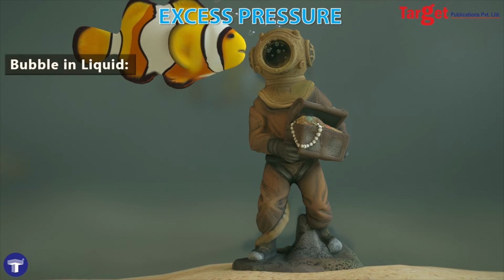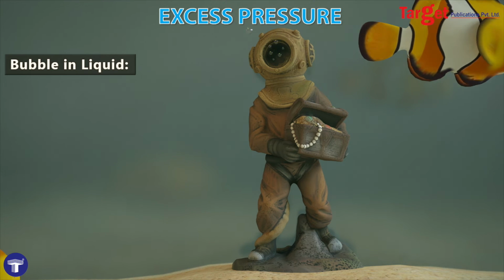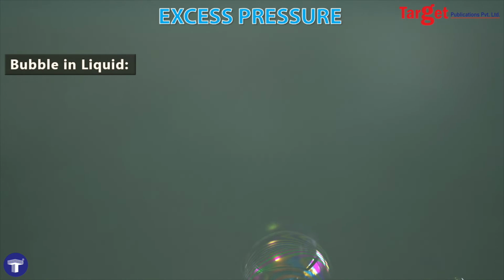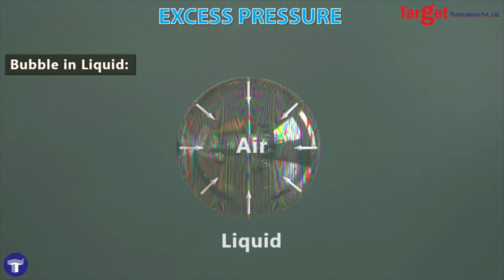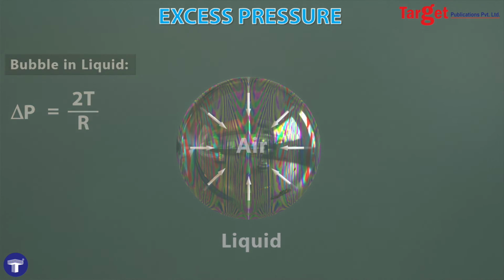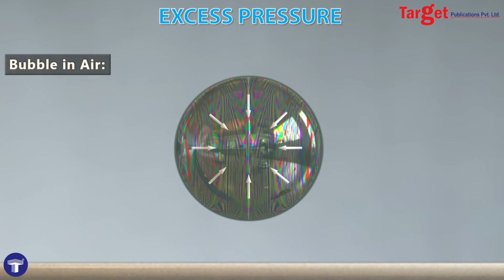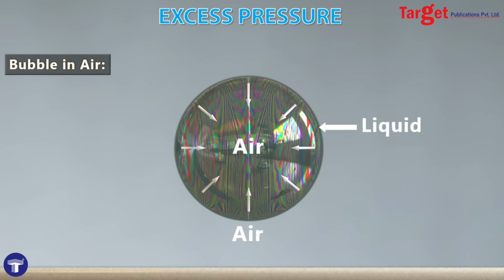In case of a bubble in a liquid, there exists only one free surface because the bubble boundary itself is made up of the liquid, and therefore there is only one liquid-air interface. The excess pressure is then given by delta P is equal to 2T by R. However, in case of a bubble in air, the bubble now has two free surfaces.